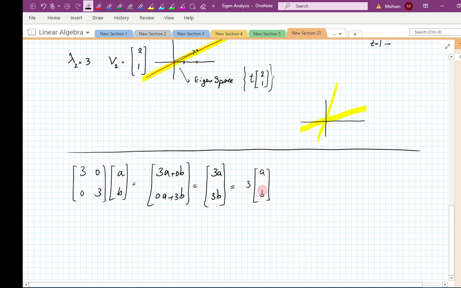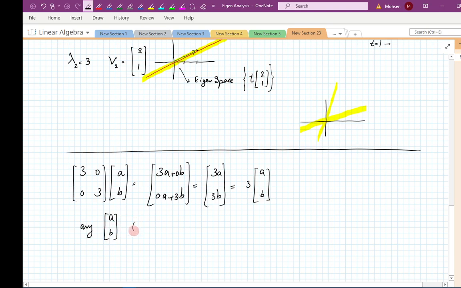If the output is a multiple of the input, you got yourself an eigenvector. But we didn't make any specification as to who's a and who's b. It doesn't matter. It always turns out to be tripled. So any (a, b).